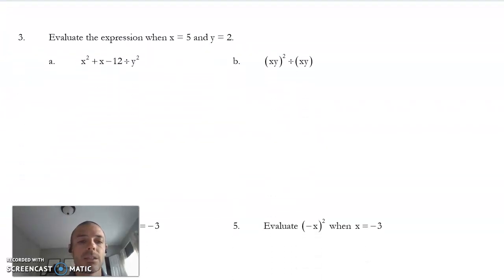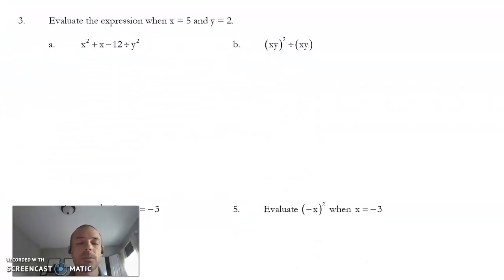The one last thing is evaluate. So the only difference here is we have algebraic expressions. The algebraic expressions have variables, but we're telling you what those variables are up here. Key important thing, and I cannot stress this enough. When we are evaluating, we are substituting.